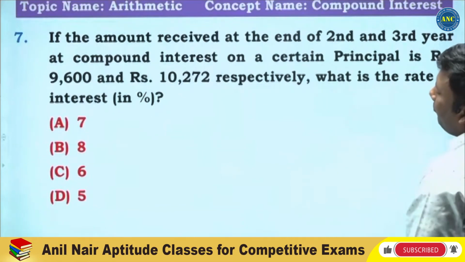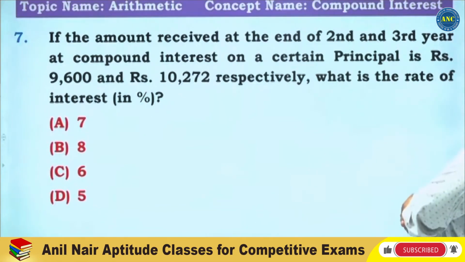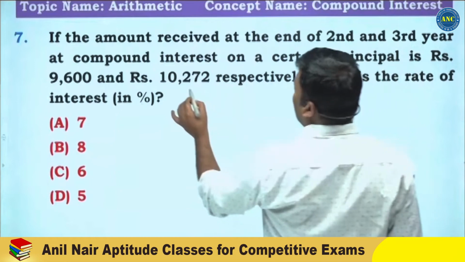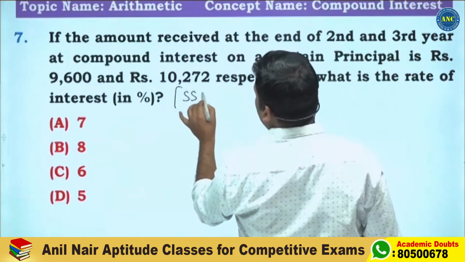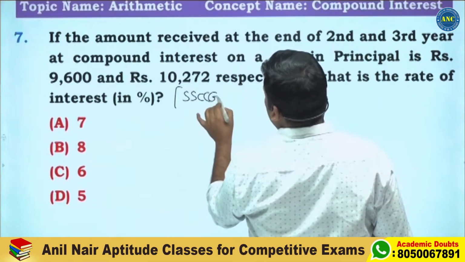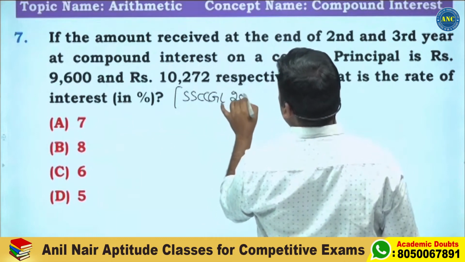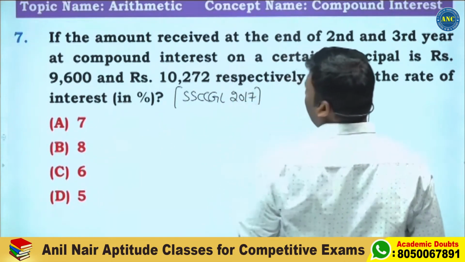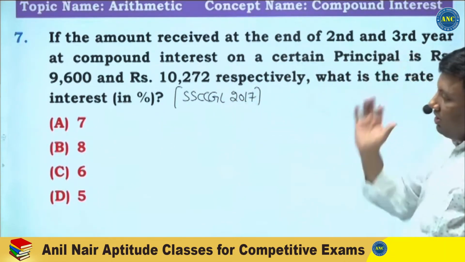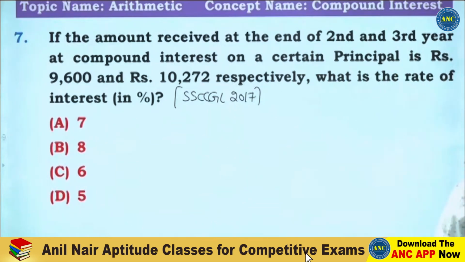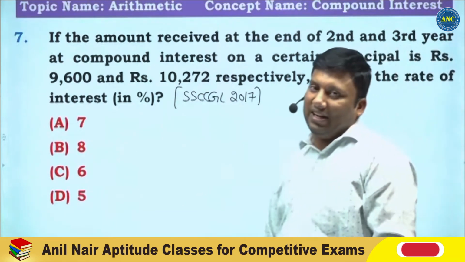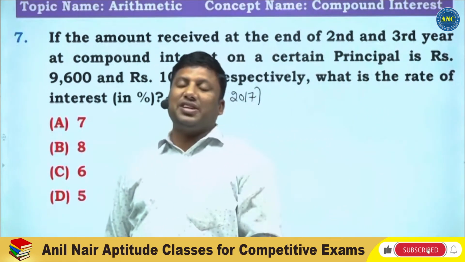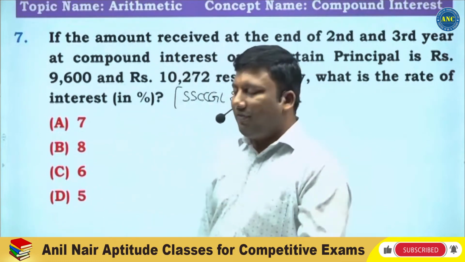7th one. If the amount received, I think this is an SSC CGL. If my memory is right, it is a 2017 question. If the amount received at the end of second and third year, the amount received at the end of second year becomes the principal for the third year.